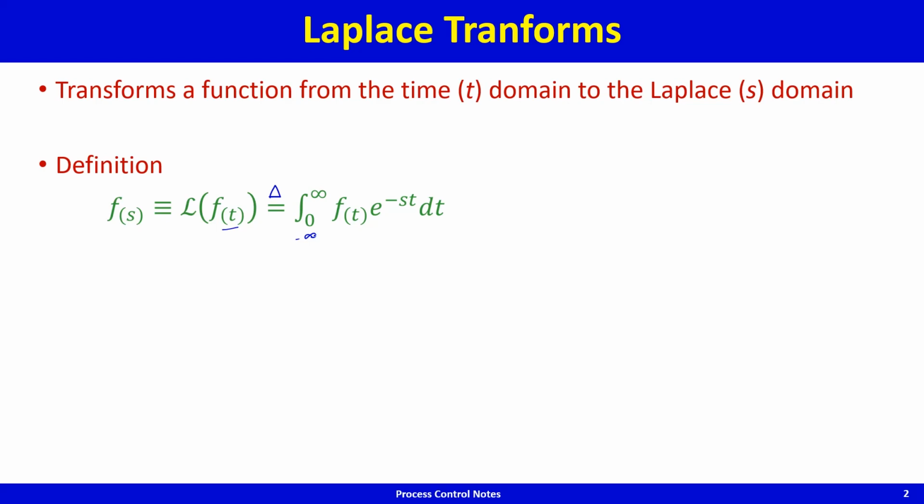Therefore you get the one-sided Laplace transform definition as noted here. So that's the definition of the Laplace transform. Once you integrate over time and take the limits from 0 to infinity, you are left with a function in S, and that is the Laplace transform of the function f of t.